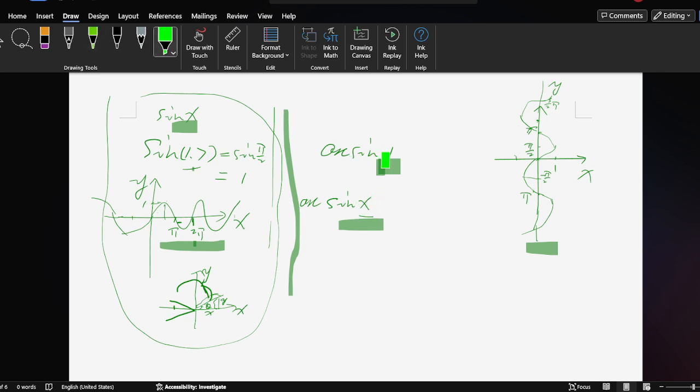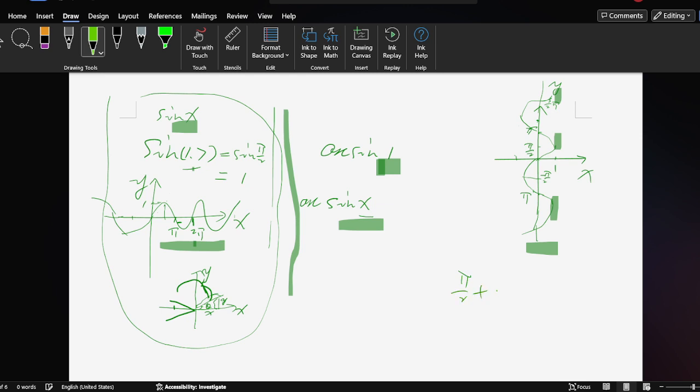So arcsine 1, arcsine 1. What's the value? It has a main value, and a lot of values. Here, 1 over pi is here, again a lot of values. So what's the value? Pi over 2, then plus 2 pi.